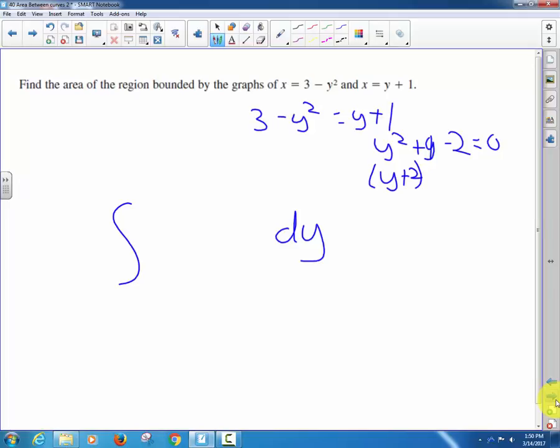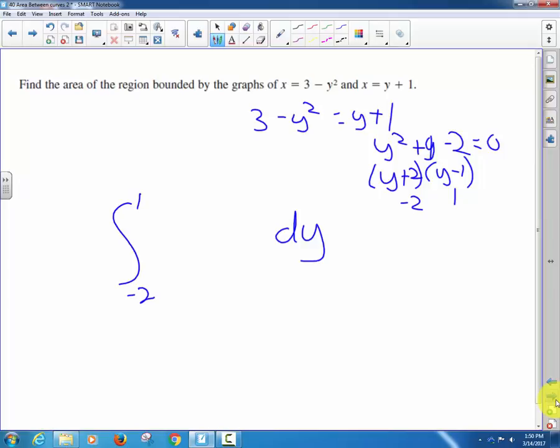Y plus 2, y minus 1, negative 2, and positive 1. Some of you good algebra students, did I do any of that right? If I put 1 in there, I get 2 in both of them. If I put negative 2 in there, I get negative 1. I think so. So our limits of integration are negative 2 to positive 1.